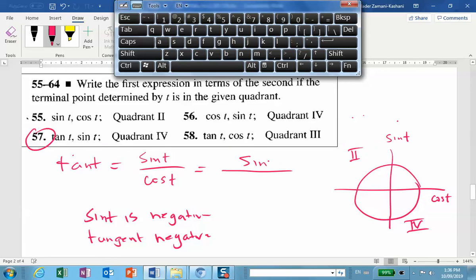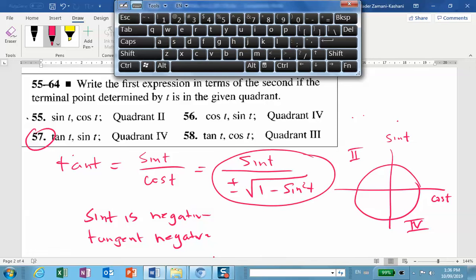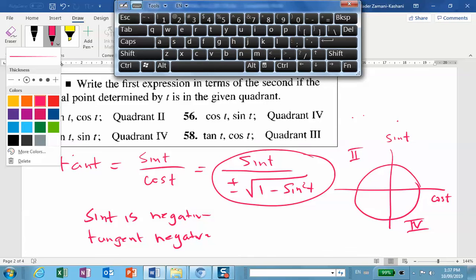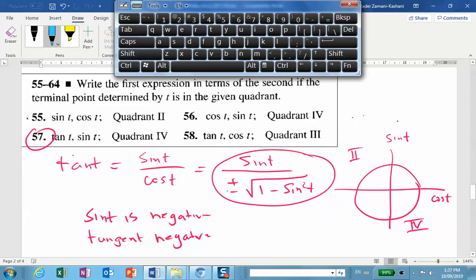Sine of t over plus or minus square root of 1 minus sine squared t. In quadrant 4, sine is negative and tangent is also negative. If that is the case, the entire expression must be a negative number. The top is already negative, so to make this whole thing a negative expression, we need to keep the plus sign. So ignore the negative sign.